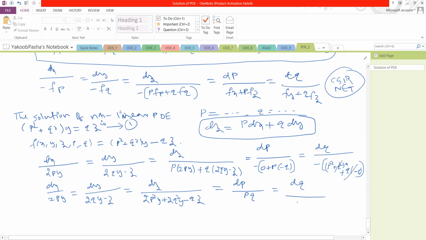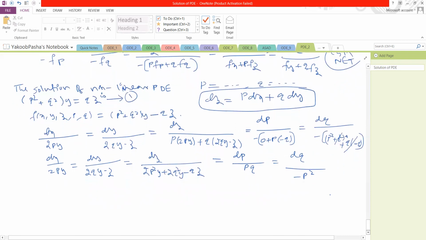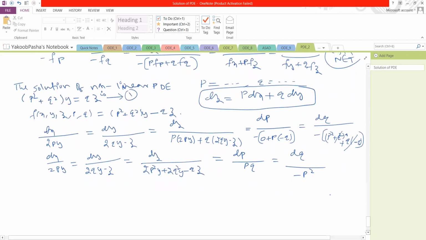This q square will be cancelled, so minus p square is there. Now we have to consider any two curves.